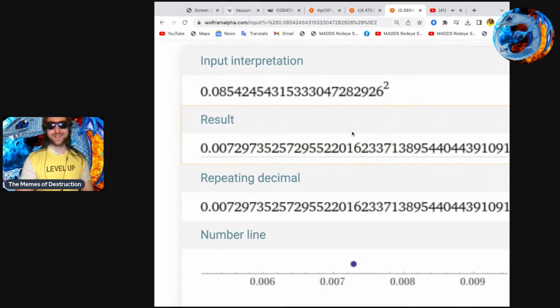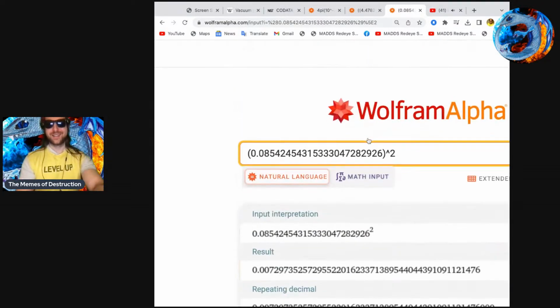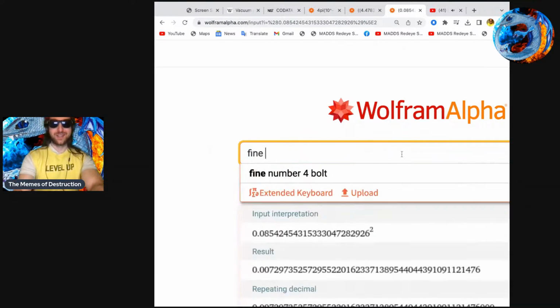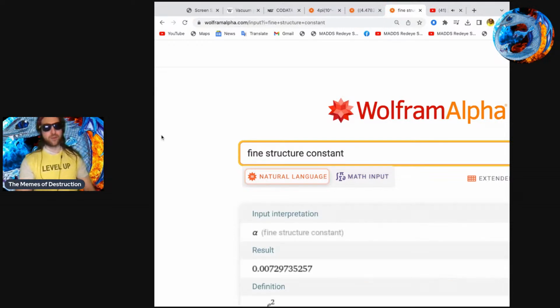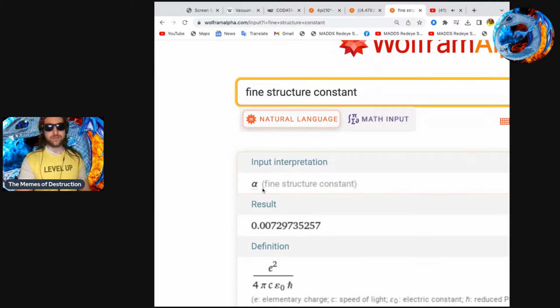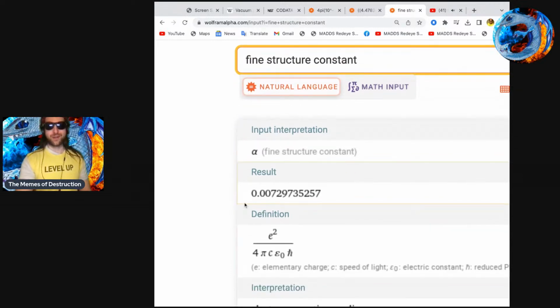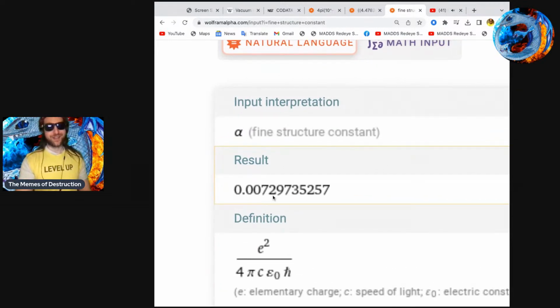But, okay. And then I'll go to fine structure constant. Go! Wolfram Alpha. Oh, what's this? 0.00729735257.